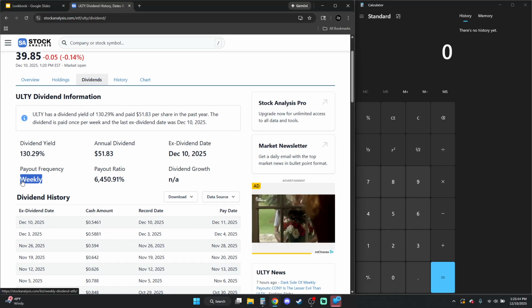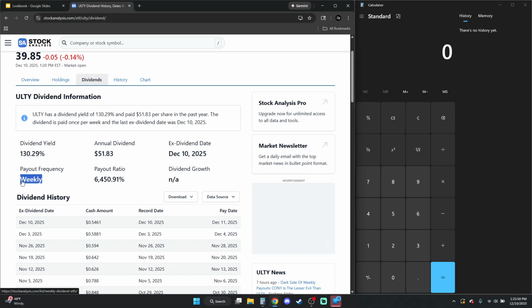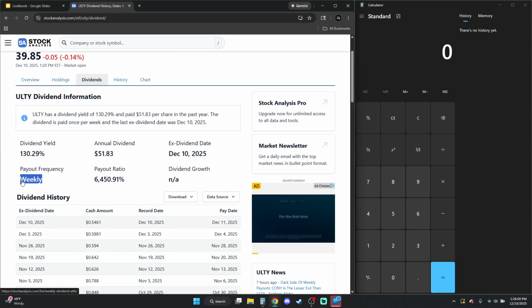Now, I do want to tell you guys the weekly payout frequencies are amazing and great. The only problem with them is that they are not on the conservative side. If you want to be a conservative investor when it comes to drip investing, I highly recommend going with monthly, quarterly, or annually payout frequencies because they tend to be more conservative and on the safe side.